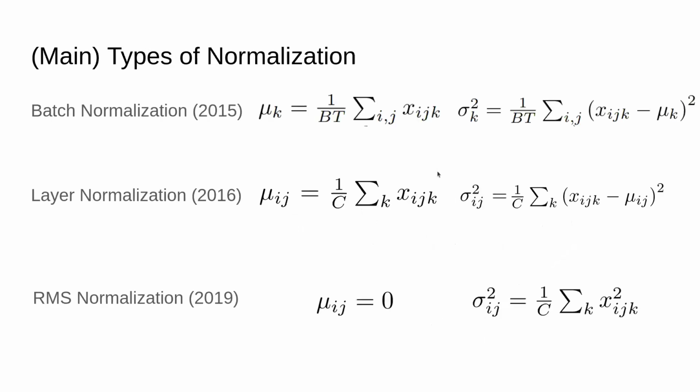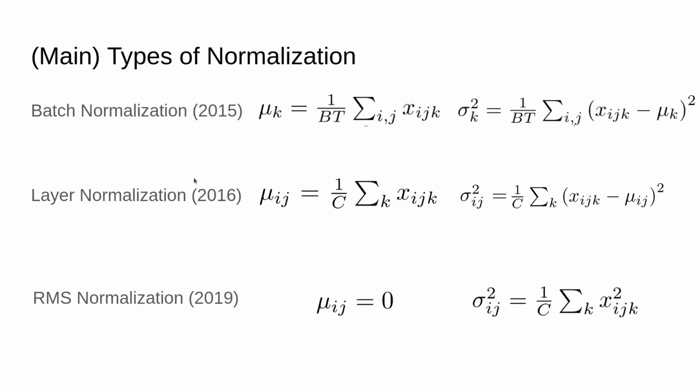So here's a little overview. This is not all methods that are in the literature. It's just the ones that are most common, and the other ones are mostly variations on these. So the first one was the batch normalization from 2015. Here you average over the B and the T dimensions, so you get this kind of structure.